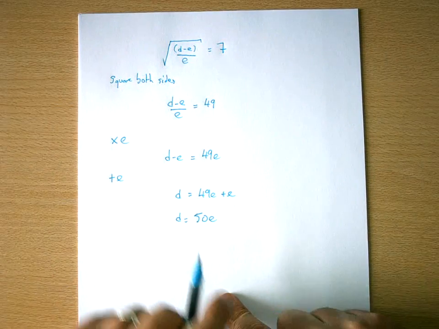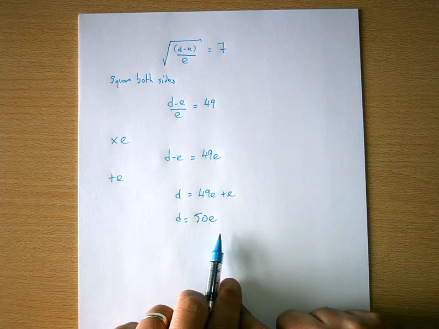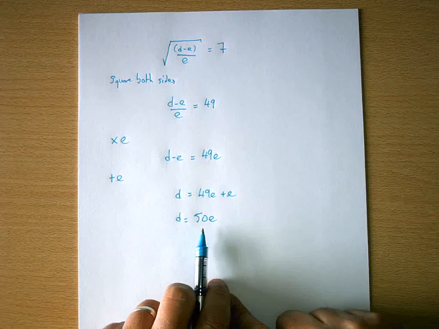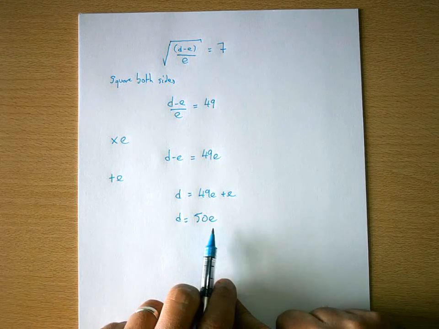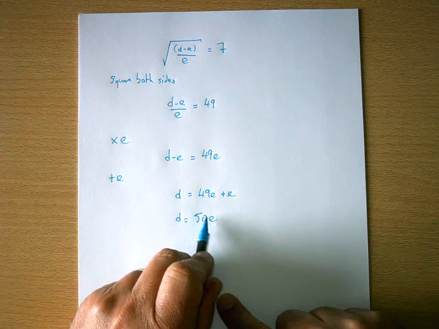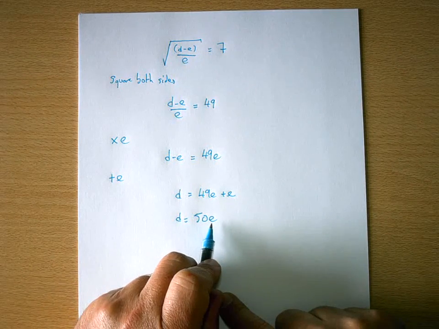So if this question said make d the subject of the formula, then we'd stop there because d is equal to 50e. But it's not, it's telling us that we want to make e the subject of the formula, which means we need to get e on its own. So we've got to get rid of the 50. Now the 50 and the e are joined by a times.